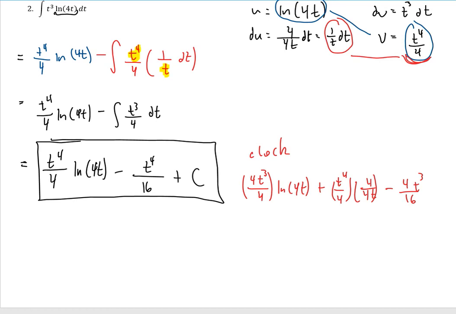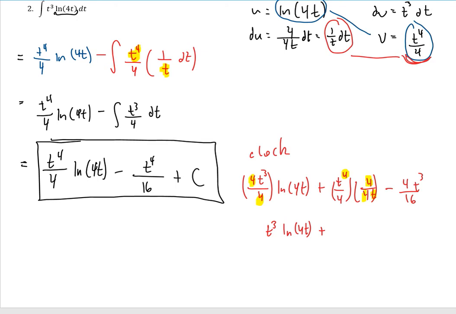Okay, so in this first term, let's keep it red. In this first term, notice the 4 and the 4 would cancel. And we would have, let's go ahead and write it, t cubed ln of 4t. And then over here we've got plus, but look at what cancels. We have, well, the 4s and the 4s cancel. The t and the t to the 4 would reduce to t cubed.